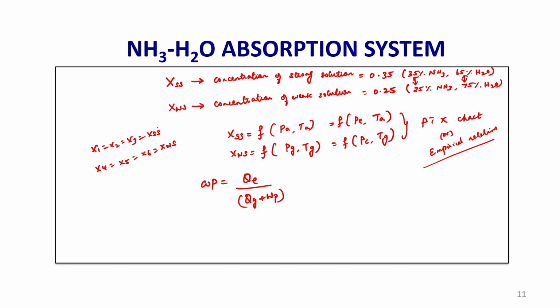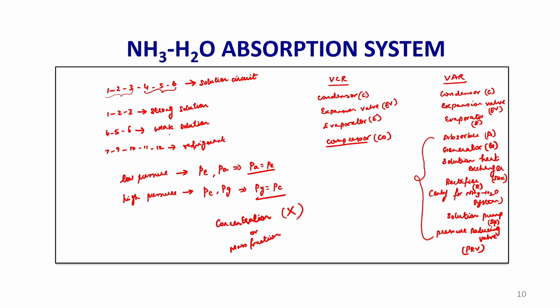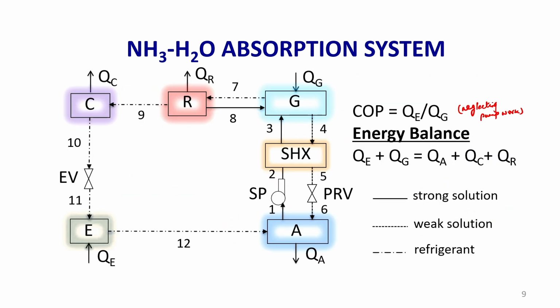This is very, very important. So, when I say 0.35, the value remains the same at 1, 2, 3. When I say 0.25, the concentration of the returning solution, it will be the same at 4, 5 and 6. How this 0.35 concentration is changing into 0.25, I am going to explain now.